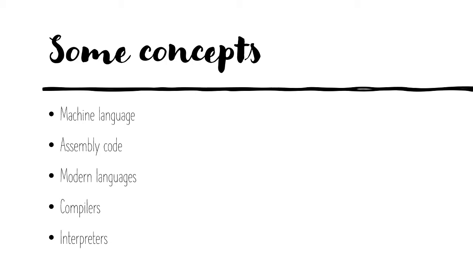And that is what is called machine language. Machine language is like the native language of a computer. This is what it natively understands. It's the only thing it understands actually.